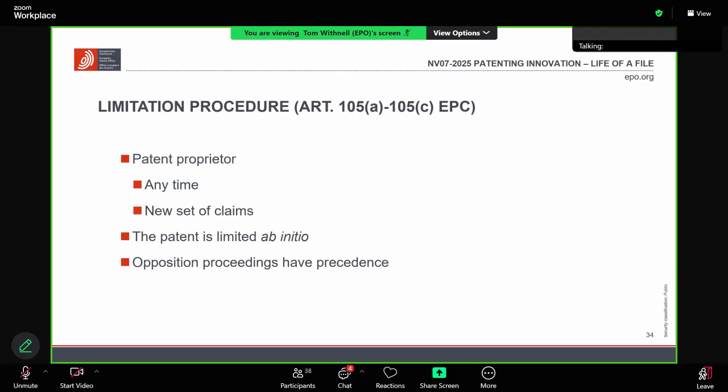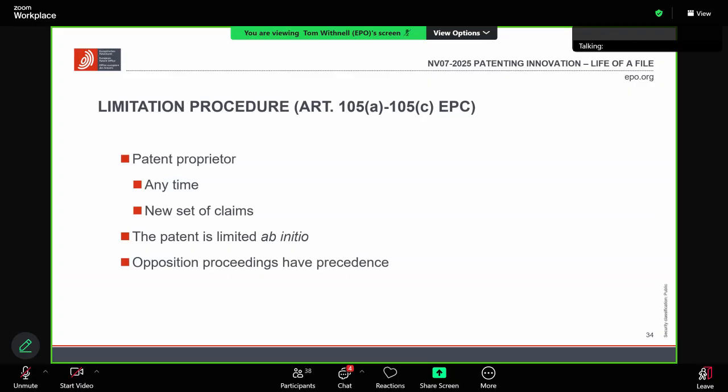And I was confronted just a few months ago with the length of this limitation procedure, because I was contacted by a formality officer saying, "Dear Enrico, we received a limitation procedure request. Please let us know if the examining division is the same or you want to change it." And I've been absent from the patent granting process Directorate General for 7 years now.